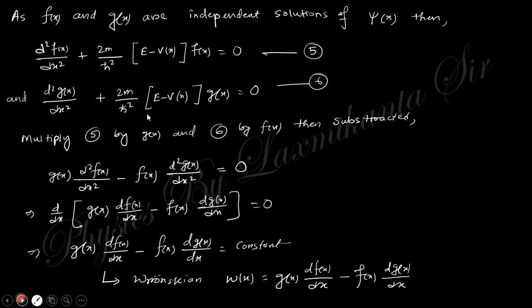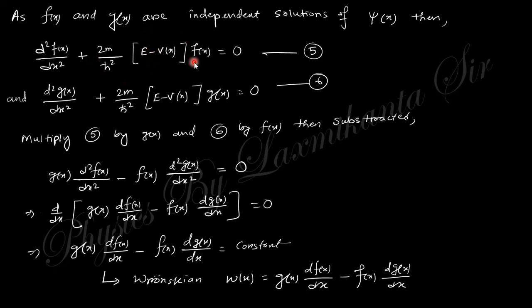To find the value of q, just remember that f of x and g of x are the independent solutions of psi of x. So f of x and g of x must satisfy the Schrodinger equation.